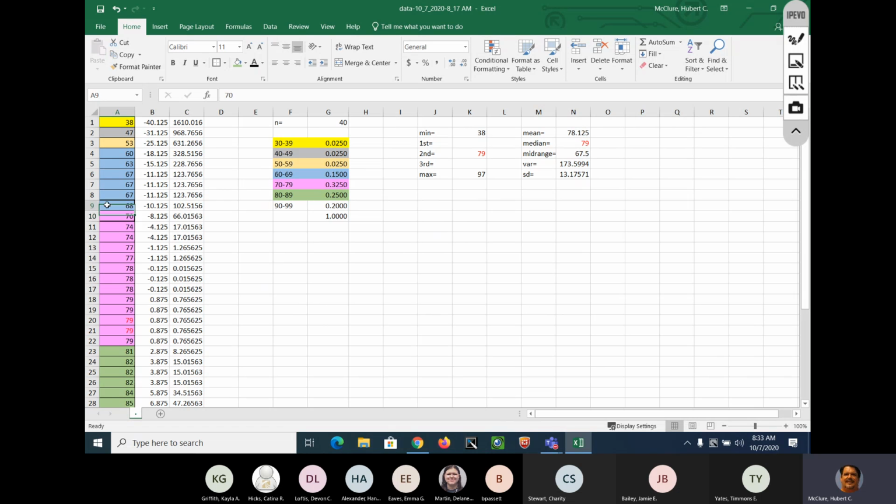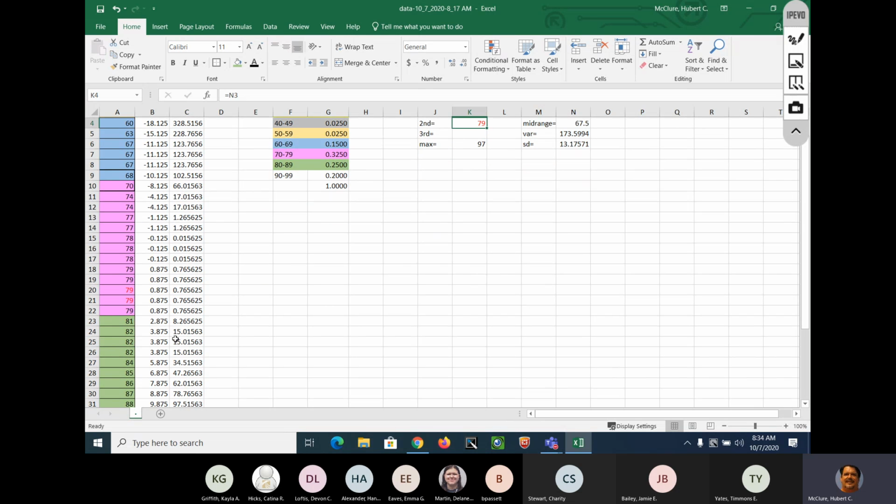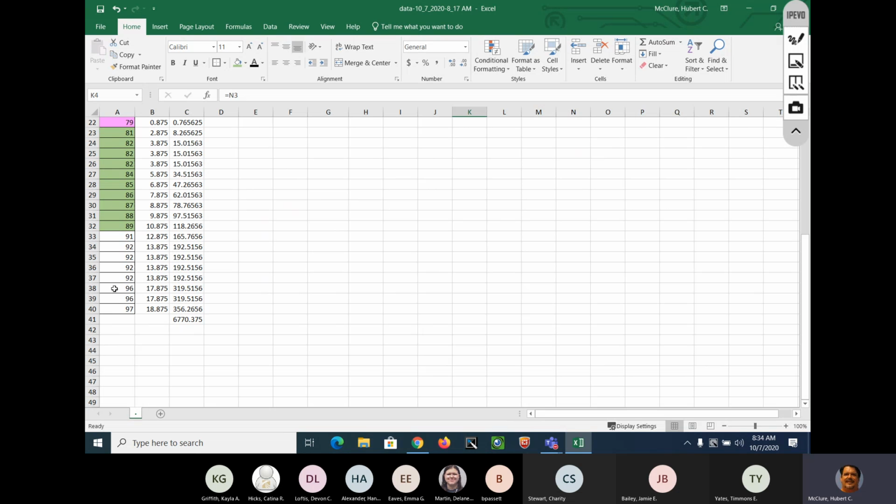So those two numbers right here, 68 and 70, equals, parentheses, 68 plus 70 divided by 2. And the same thing with these two numbers down here. We know that numbers, so that would be 9 back from 1, 2, 3, 4, 5, 6, 7, 8, 9.